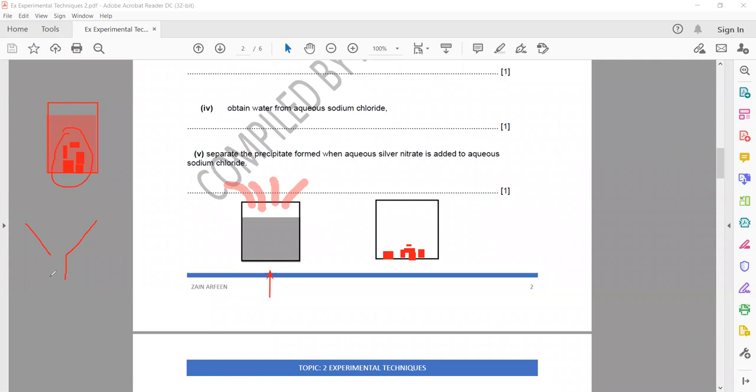On the filter paper, the solid will be left behind, and the liquid will pass through the filter paper. That is known as filtrate. So if you want to separate insoluble solid from the mixture, you use filtration. But if you want to separate soluble solid from the mixture, then you use evaporation or crystallization. Is it clear, Abdullah Sarfraz?